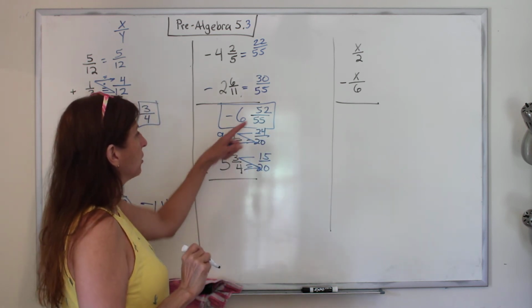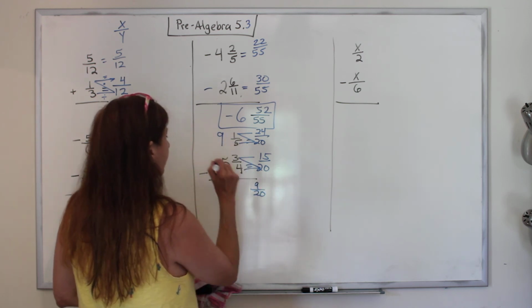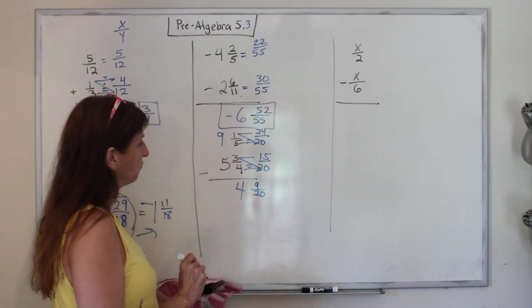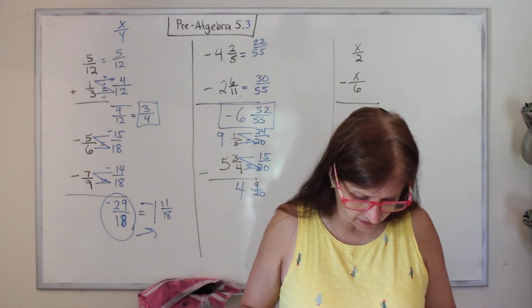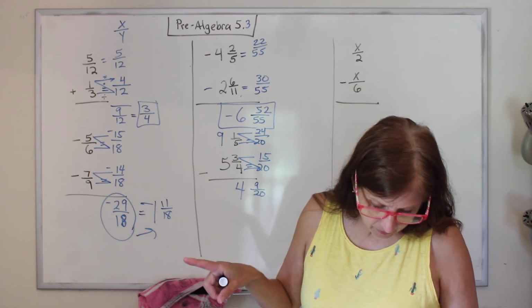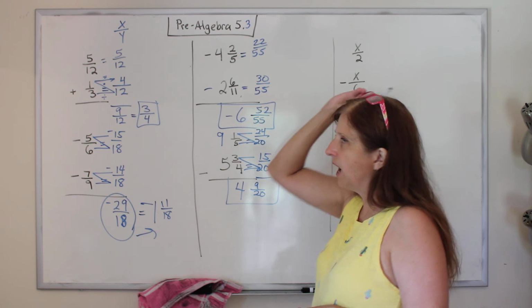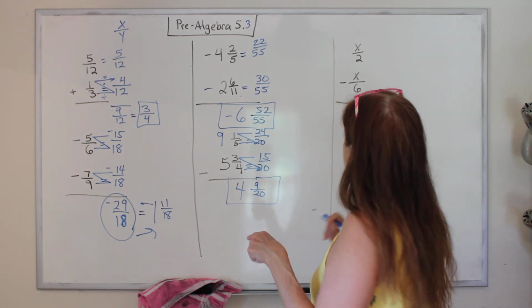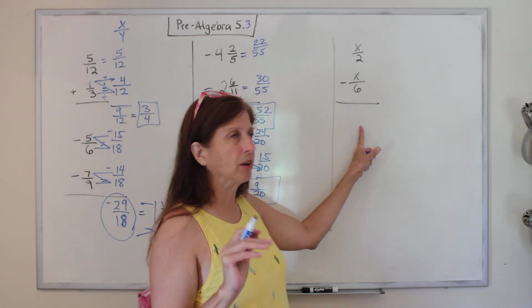Now I can do it. 24 minus 15 is 9 twentieths, and 9 minus 5 is 4. Can we reduce that? I don't think we can. Let's make sure I'm doing this right. Yep, nope, that's the answer. No reducing needed. Alright, there is a way on your calculator to reduce fractions. So, if there's enough time, I'll show you maybe in a separate video.